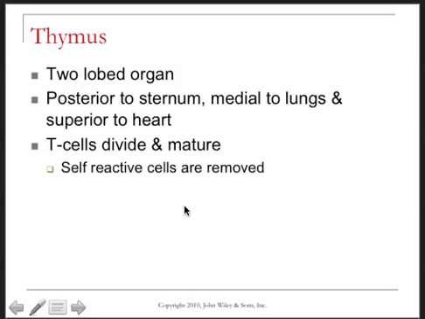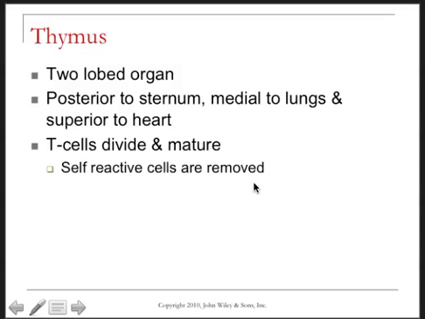Essentially what happens in the thymus is that we select cells that are capable of responding to pathogenic attacks while tolerating our own tissue. This is very important because if we don't weed out those cells that are not tolerant of our own tissues, we will generate an autoimmune response. We'll actually end up attacking and destroying our own body tissues and cells because we haven't properly screened this population of leukocytes.